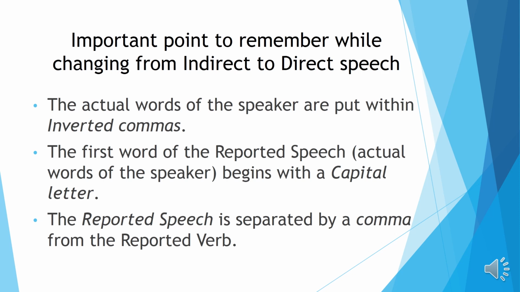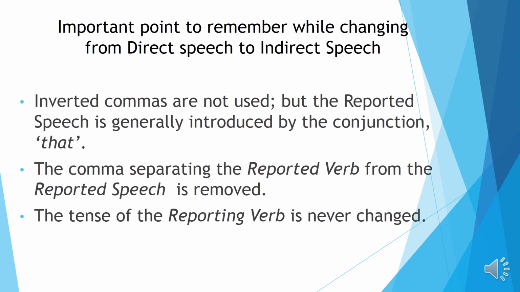So we've seen in the direct speech, when the person said, "I am busy now," remember, I starts with a capital letter and it should be under inverted commas. The next point, the reported speech is separated by a comma from the reporting verb. So remember, in the first example we have, he said, then there is a comma. So we always have to keep a comma before the reported speech.